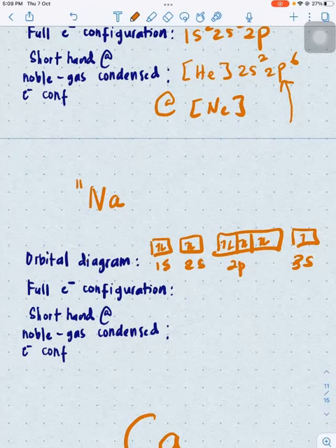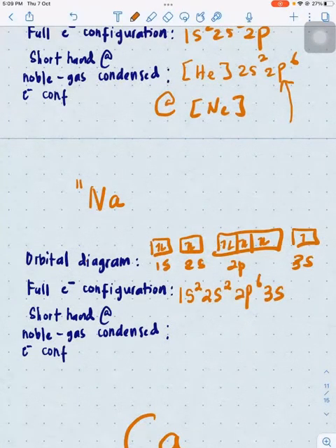Okay. And if you write down the electron configuration, dia akan jadi 1s2, 2s2, 2p6, 3s1. Right. Kan? Jadi, kalau you all tengok, this electron configuration 1s2, 2s2, 2p6 ataupun kalau you all totalkan 6 campur 2 campur 2, 10 kan. 10 sama dengan noble gas yang mana?